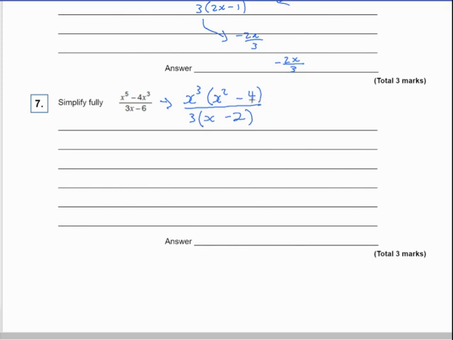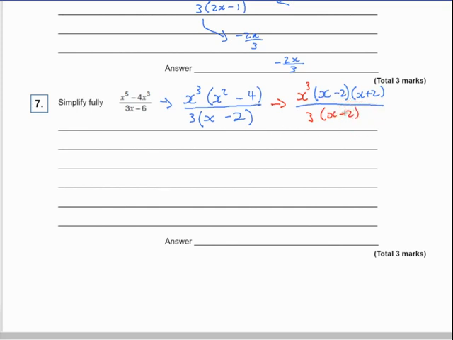Then, look at this. X squared minus 4 is a difference of 2 squares. So we can factorize the x squared minus 4. I'm going to write it in blue just to show that I've factorized it. X squared minus 4 factorizes to x minus 2, x plus 2. Okay, and then it's over 3 lots of x minus 2.